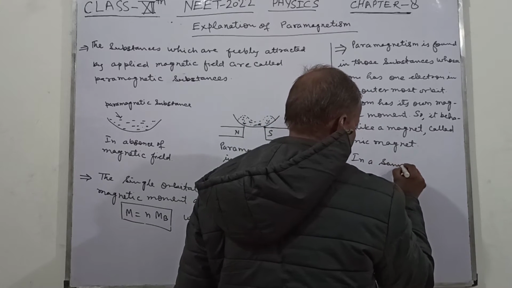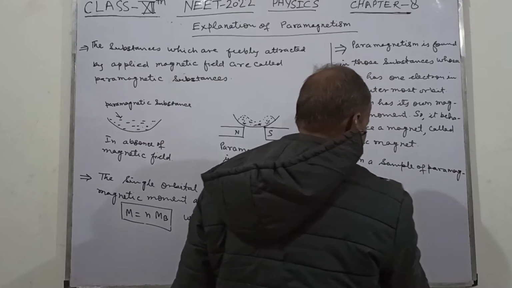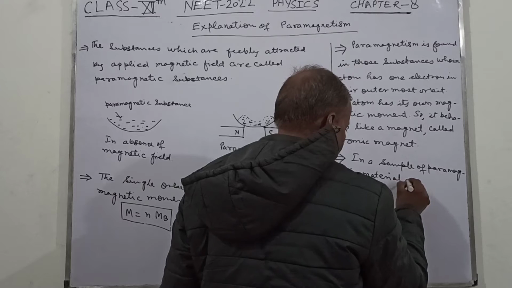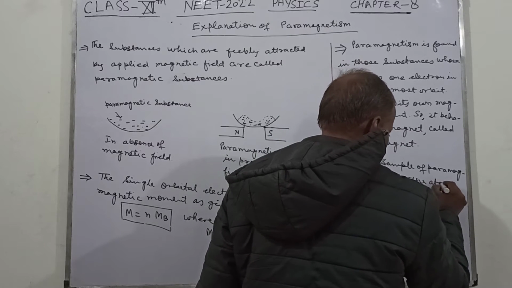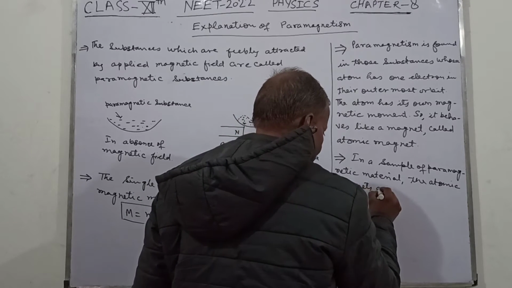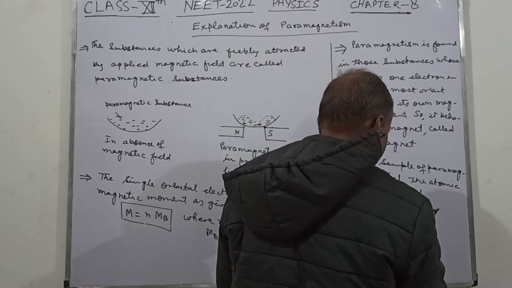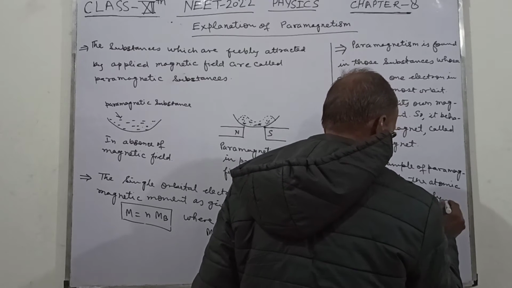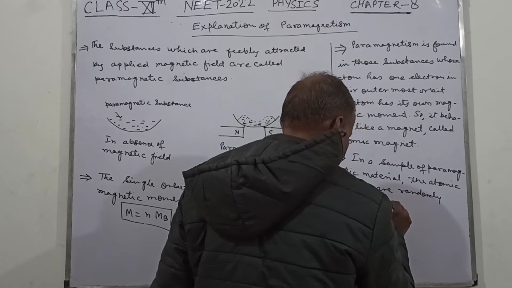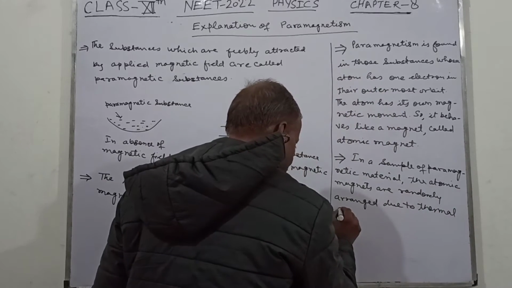In a sample of paramagnetic material, the atomic magnets are randomly arranged due to thermal energy.